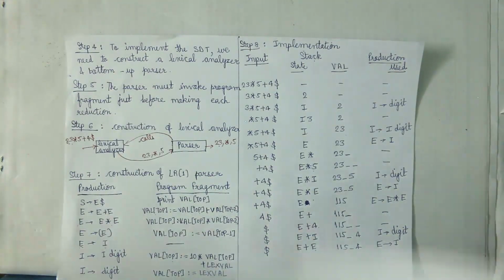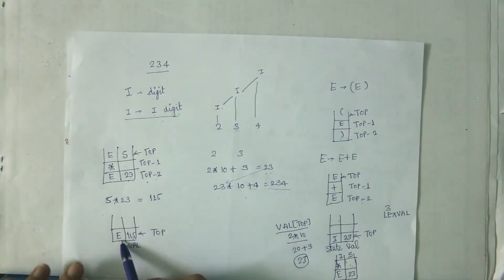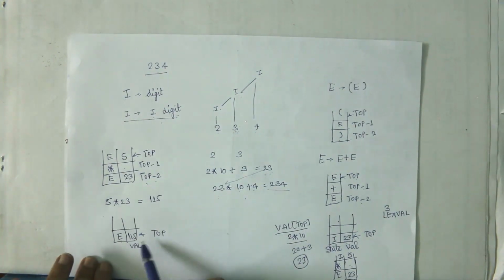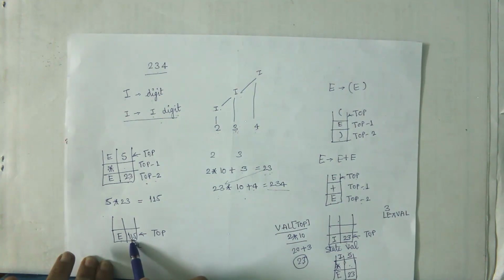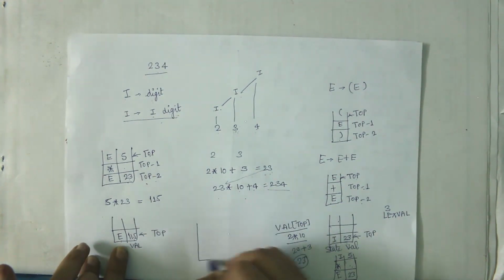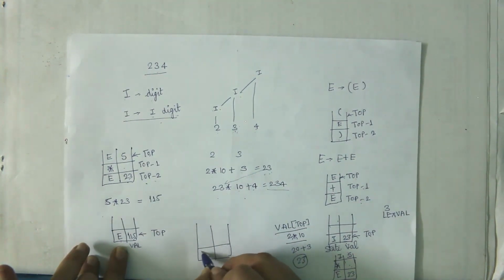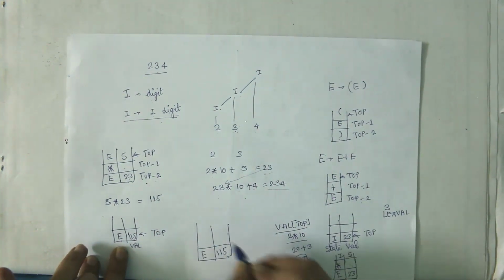If you observe here, till multiplication we had this scenario, that is 115. Now top is E of 115. What we will do now is push the next step, which is E 115.